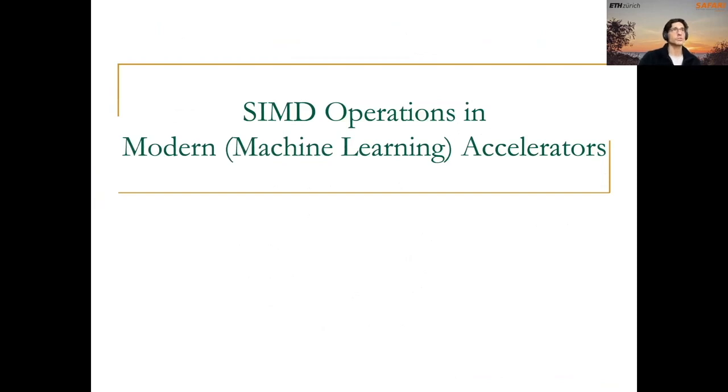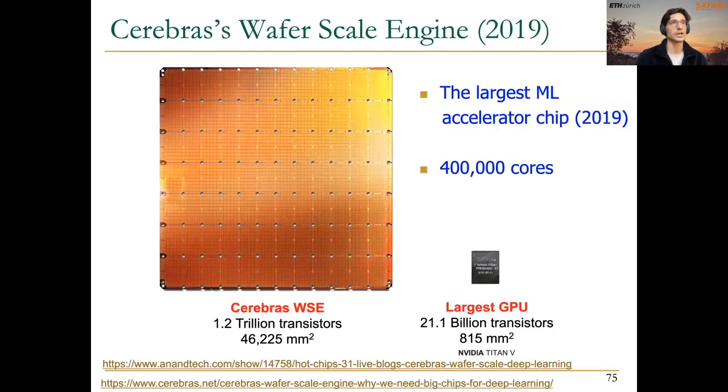Okay, more SIMD operations in current machines. We can find them in modern machine learning accelerators. One good example is this Cerebras wafer scale engine that you have probably seen before in this course. It's a wafer-size processor composed of multiple tiles, and as you can see, way larger than the largest GPU of its time.